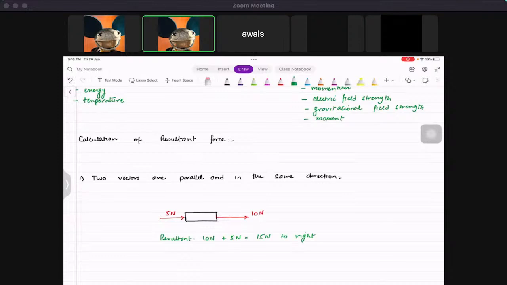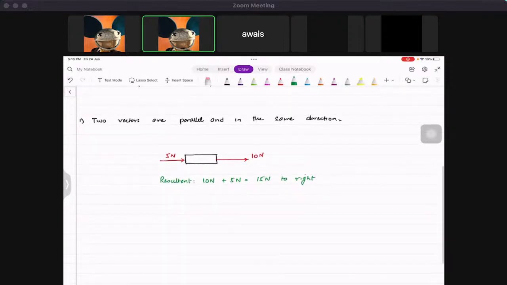Okay, now the next thing is when two vectors are parallel and in opposite directions. So what do we do?